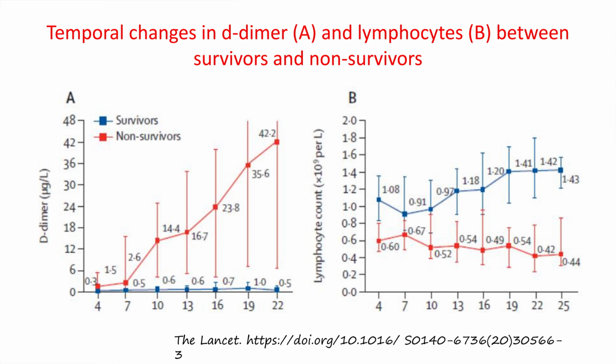With the survivor patients, it is stable. Also, the lymphocyte level is decreased or very low in the non-survivor, compared with the survivor, where it is increased and stable at high levels.